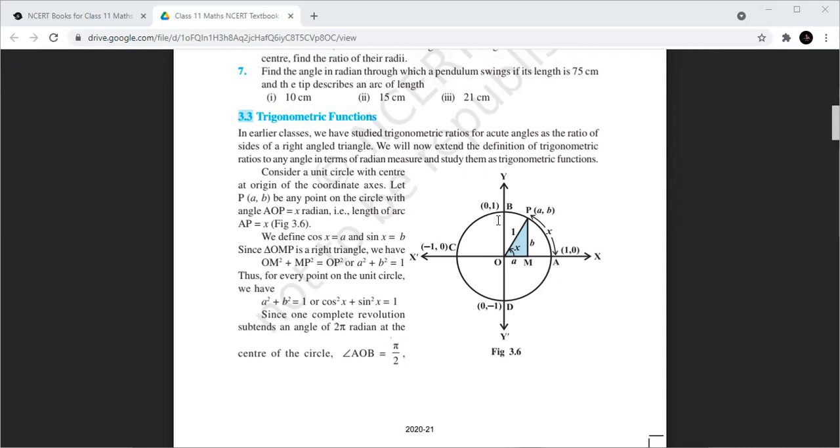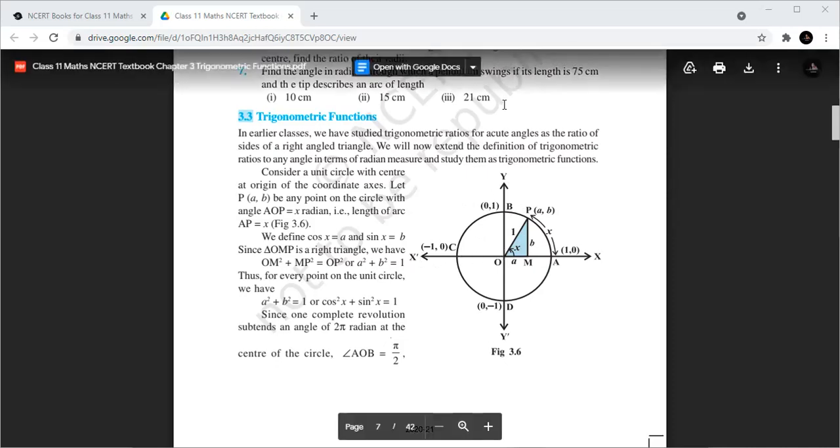Okay, and that positive and negative is because of this fact, children, because when we were in class 10, it was assumed to be in first quadrant. So in first quadrant, your x and y both are positive. Now, if I move on to second quadrant, see my x becomes negative and y still remains positive.